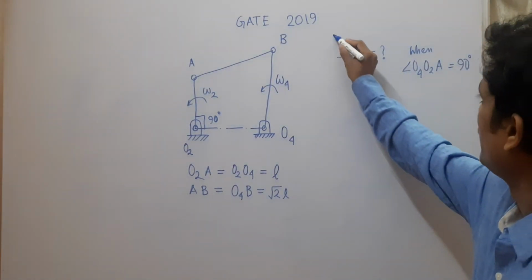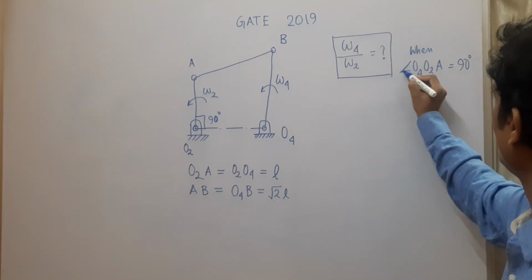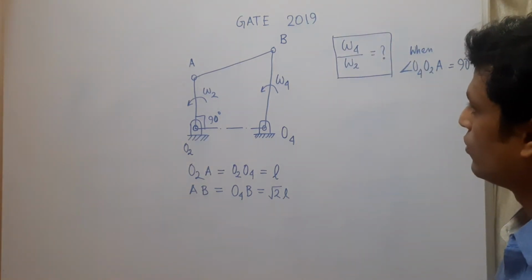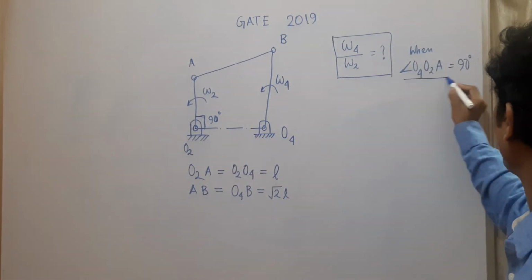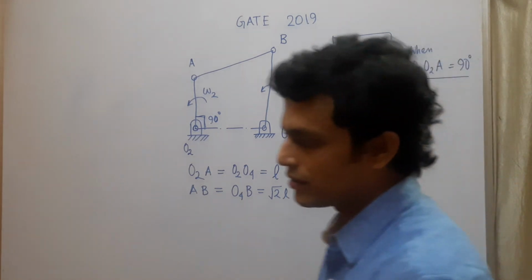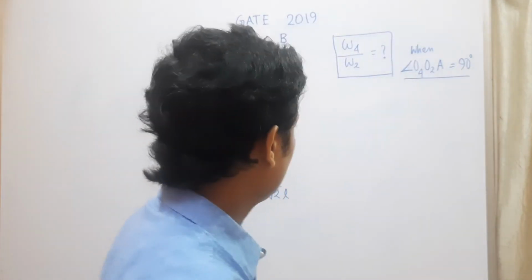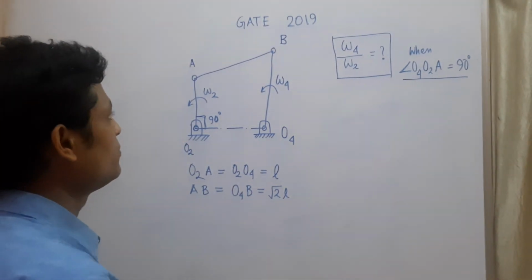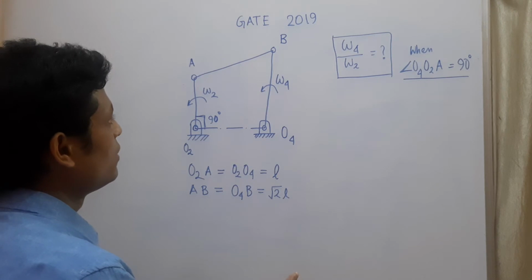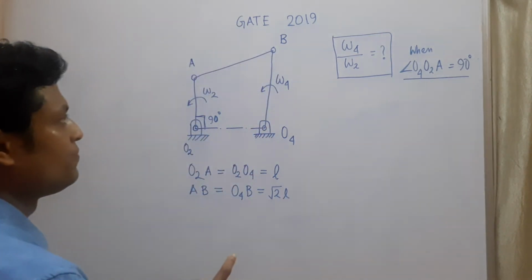So you have to find out the ratio omega 4 by omega 2 when crank angle O4 O2 A, that is this angle, is 90 degree. So let us try the same method like our previous problem. We will locate I24 and we will make a relationship between velocity of link 2 and link 4.